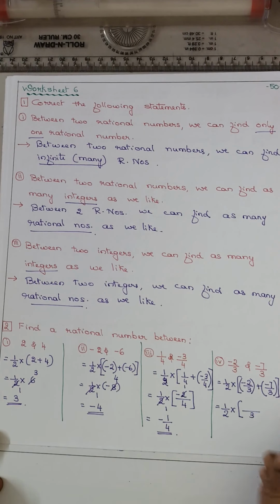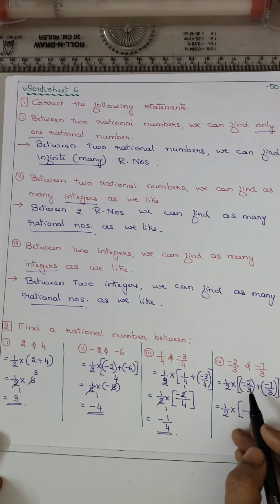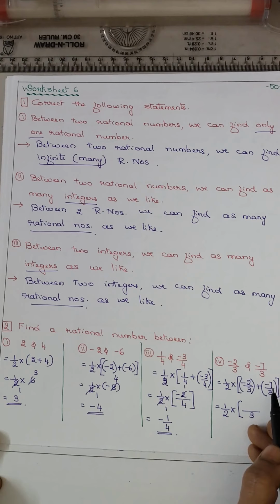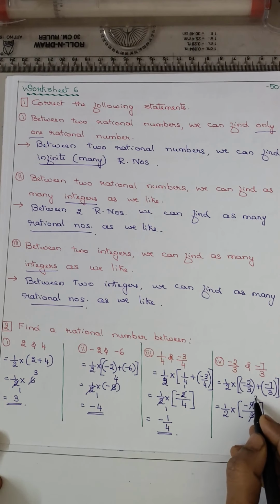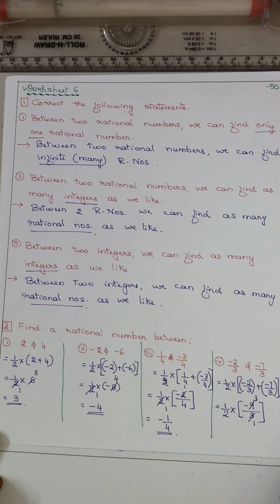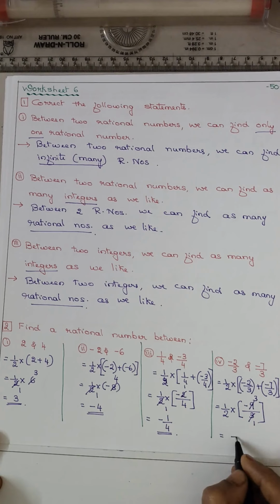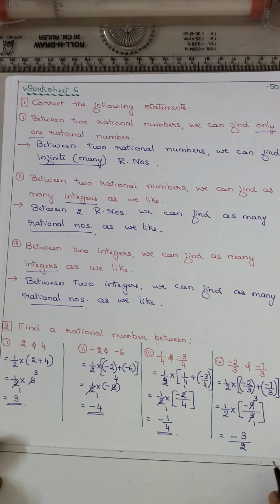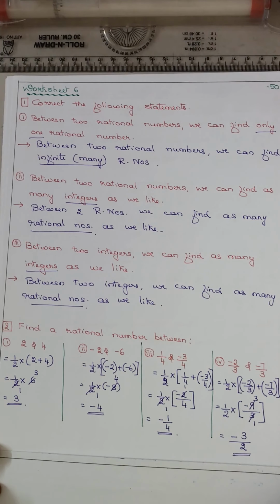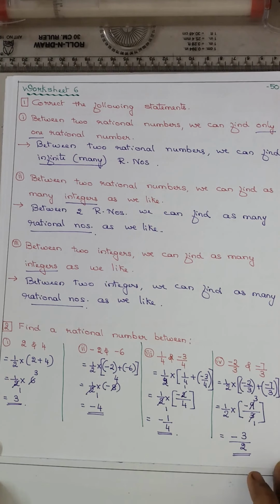So 3. Minus 2 minus 7 means signs are same, you have to add. But sign is minus, 2 plus 7 is 9. Now 3 ones are 3, 3 threes are 9. There is no further cutting. Plus minus, it will be minus. 1 threes are 3 and the denominator is 2. So the answer is minus 3 by 2.